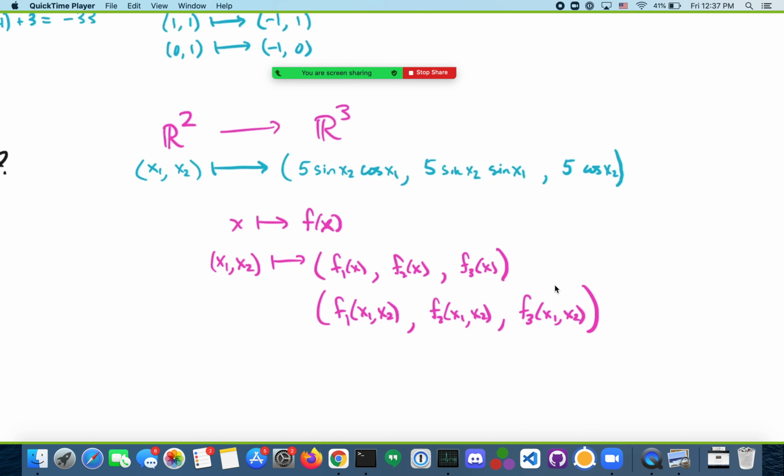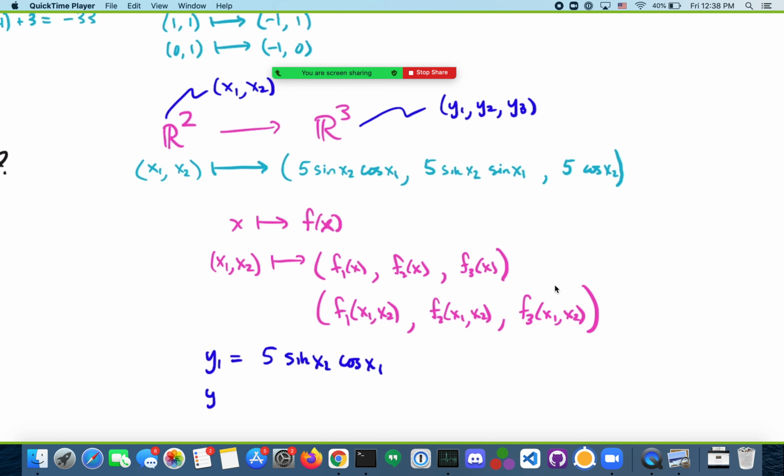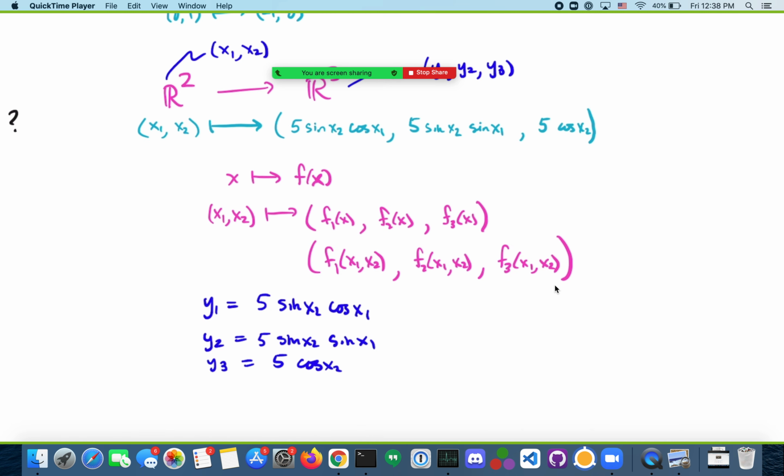If I gave coordinates y1, y2, y3 to R3, and I name the coordinates of R2 as x1, x2, then I could write this map by saying y1 is equal to 5 sine x2 cos x1, y2 is equal to 5 sine x2 sine x1, and y3 is equal to 5 cos of x2. So this is the y equals f of x notation.